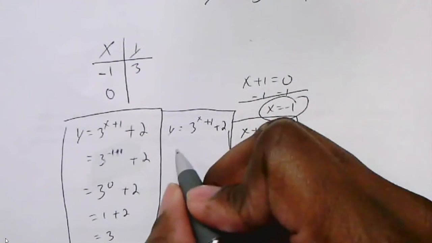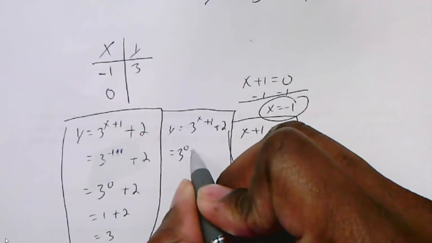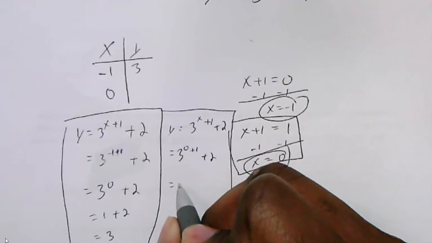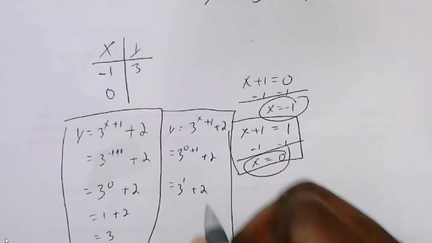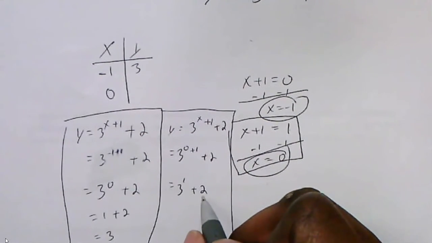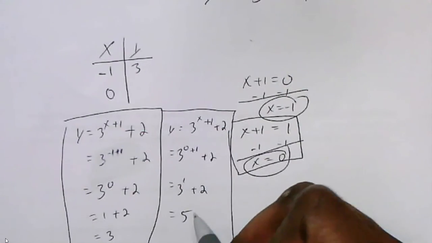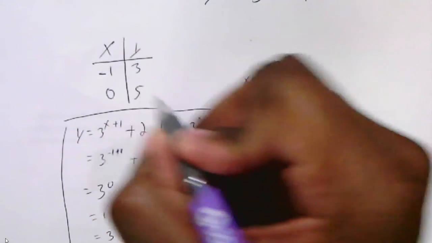If I plug in 0 for x, I get 3 to the 0 plus 1, plus 2. 0 plus 1 gives you 1. So 3 to the first plus 2 is just 3 plus 2, which is 5. So when I input 0, the output is 5.